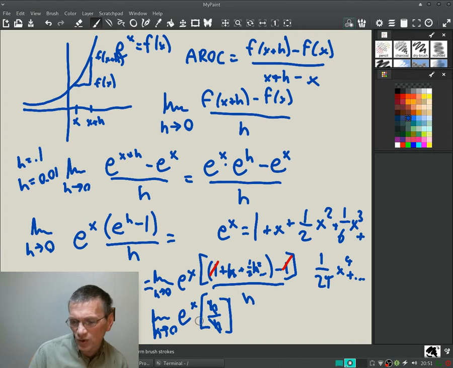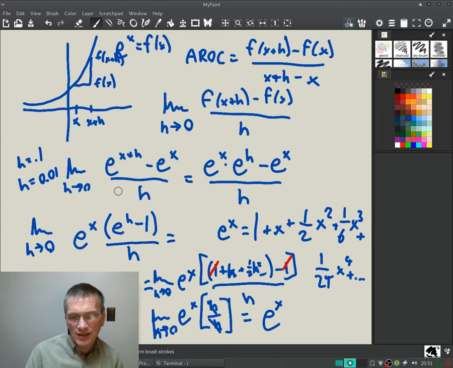So that simplifies to 1, sort of the same way the previous problem did. And we end up with the limit equals e to the x. And the limit of this average rate of change as h goes to 0, that's also known as a derivative. So d dx of e to the x ends up being e to the x.